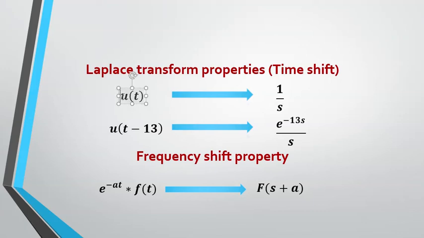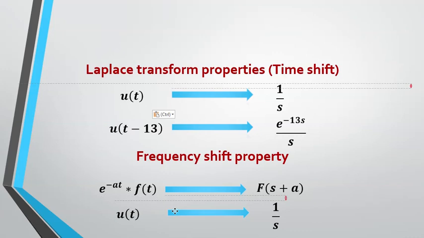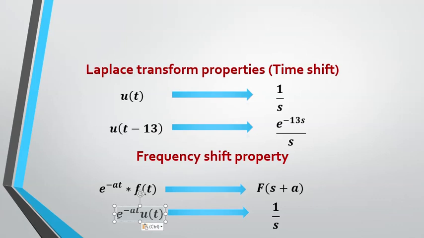Let's bring this setup here. So if I multiply this u(t) by e to the power of minus at, my answer here will become 1 over s plus a.